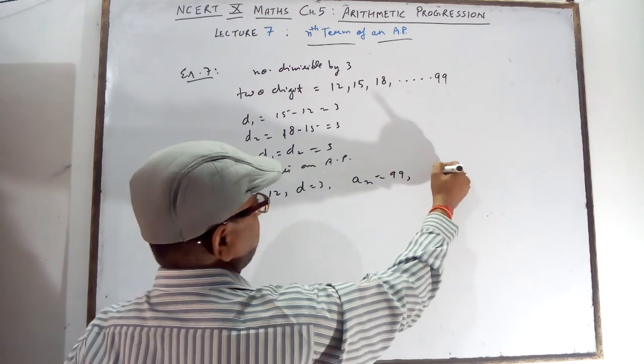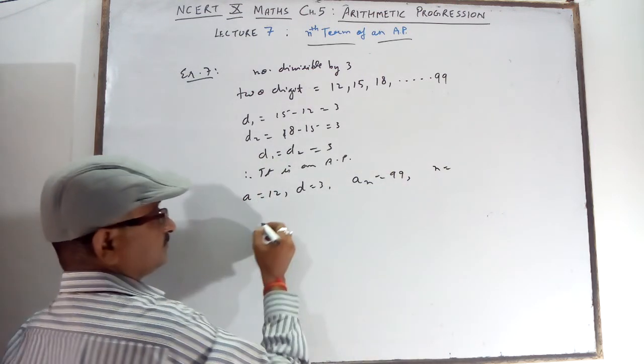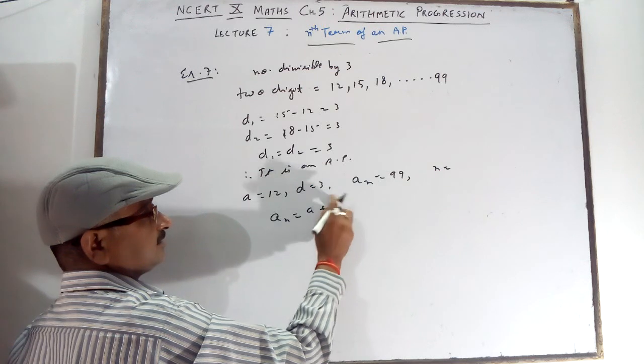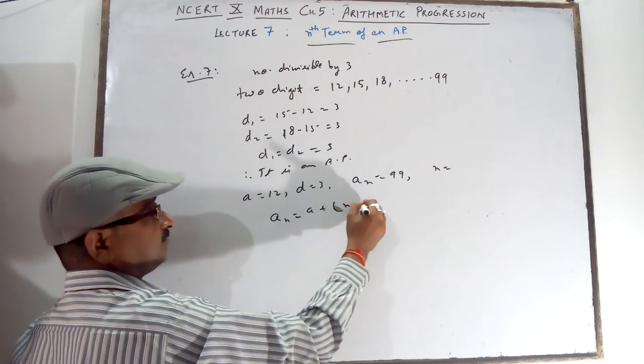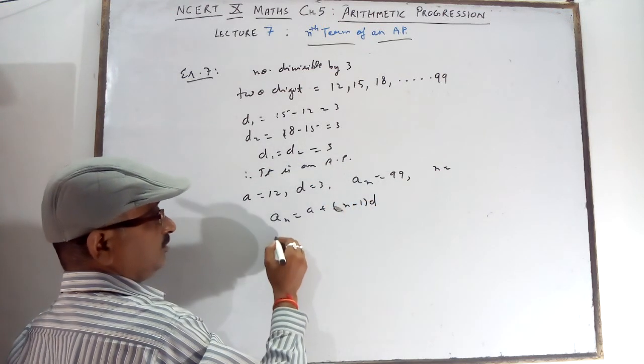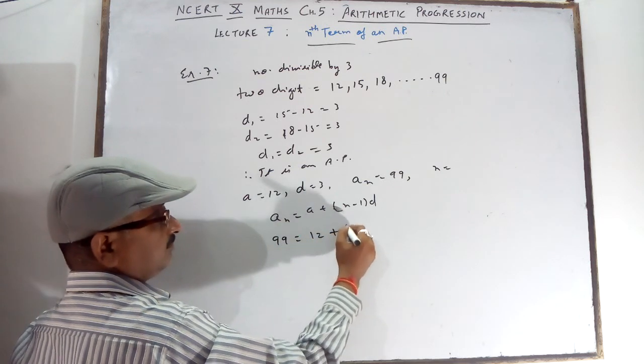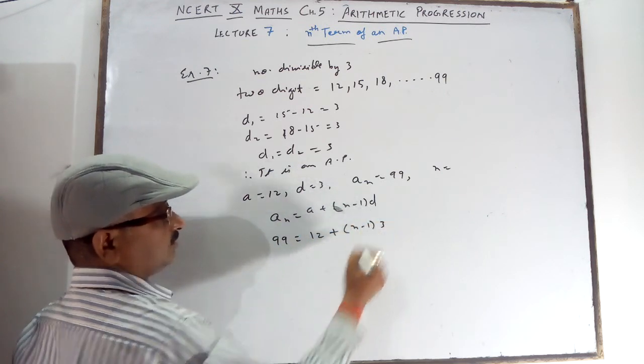What is the n you want to calculate? Write the formula: an is equal to a plus n minus 1 into d. Put the values: an is given 99, a is given 12 plus n minus 1 into 3.